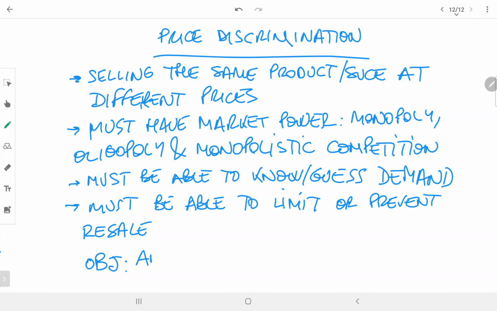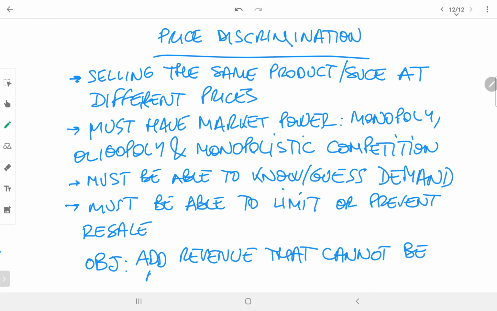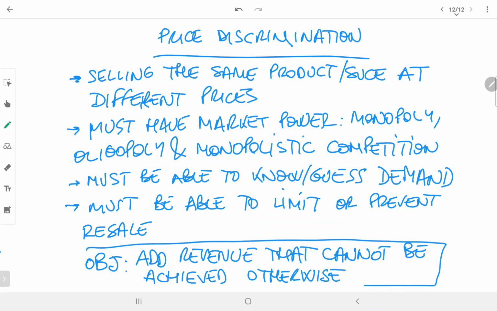You're going to add revenue that cannot be achieved otherwise. Okay, that's the objective. Add revenue that cannot be achieved otherwise.